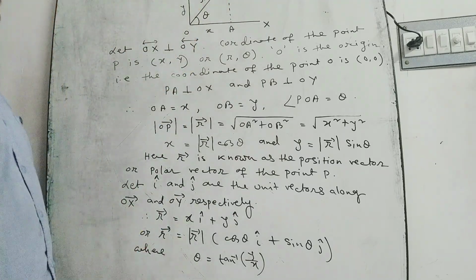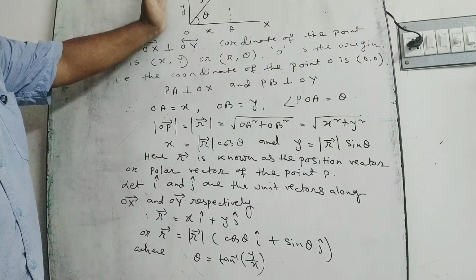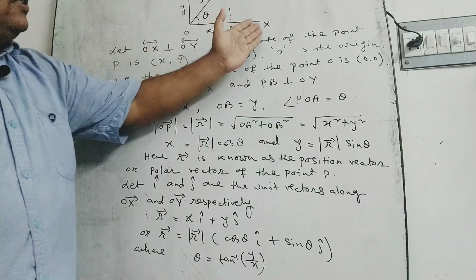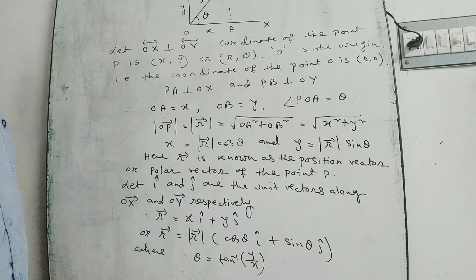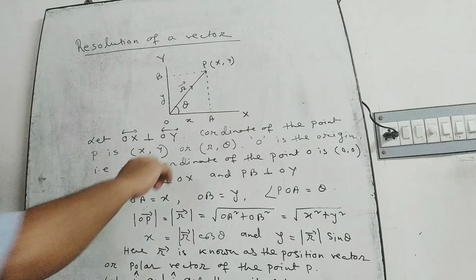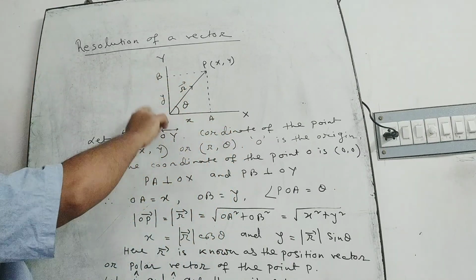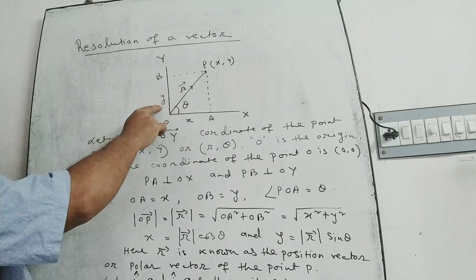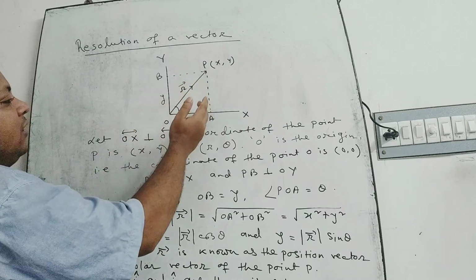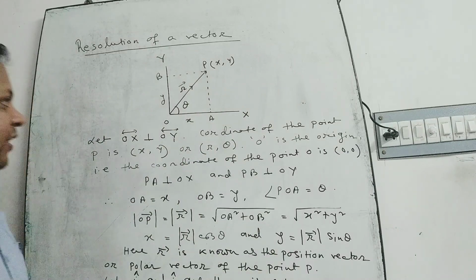In this way, we can resolve the r vector into two mutually perpendicular coordinate axes, OX and OY respectively. That is, along the OX axis the magnitude of r vector is x, and along the OY axis the magnitude of r vector is small y, and r vector makes an angle theta with the positive x-axis, the OX axis.